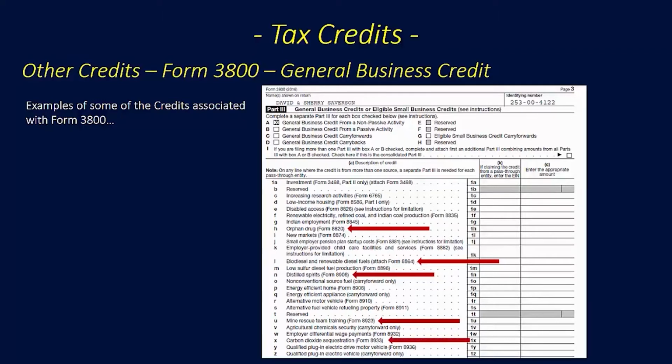Also, Carbon Dioxide Sequestration, Form 8933. Some interesting credits found on this form. And also, the Qualified Plug-in Electric Drive Motor Vehicle Credit, Form 8936. Probably one of the more common credits you might see associated with this form.